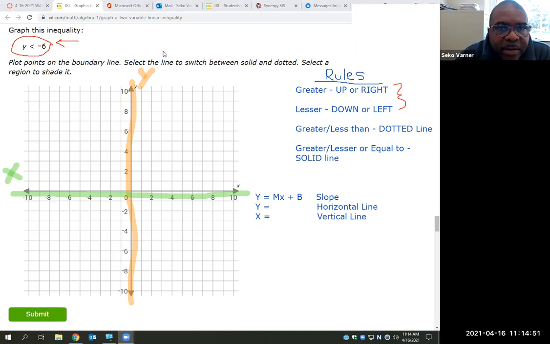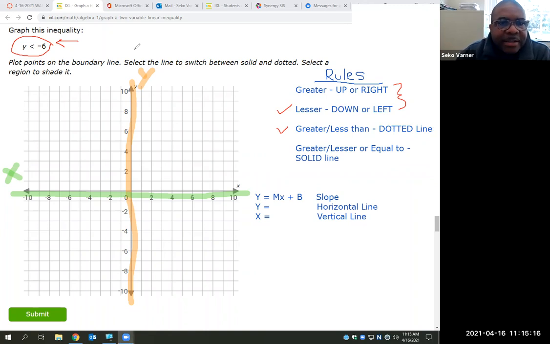Let me look over here and get this right. Y is less than, so I'm going to do less. And I'm looking at the inequality symbol and there's no equal sign on there. So it's going to be a dotted line, and I should shade down.